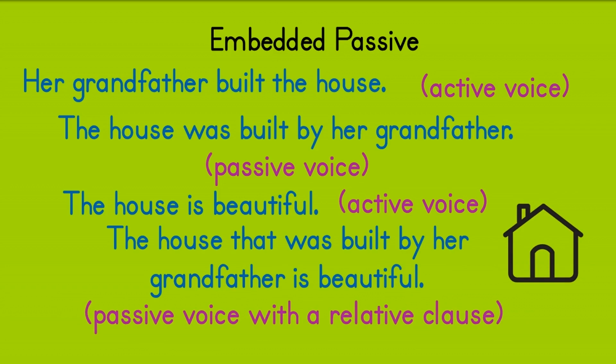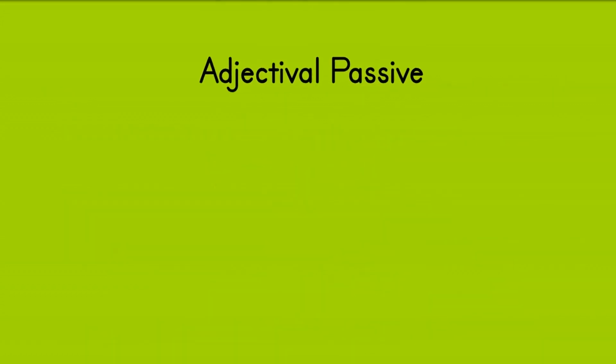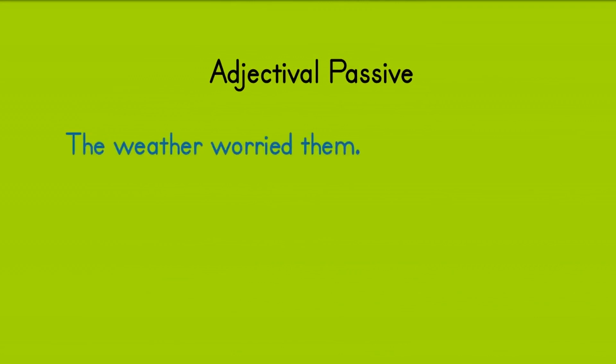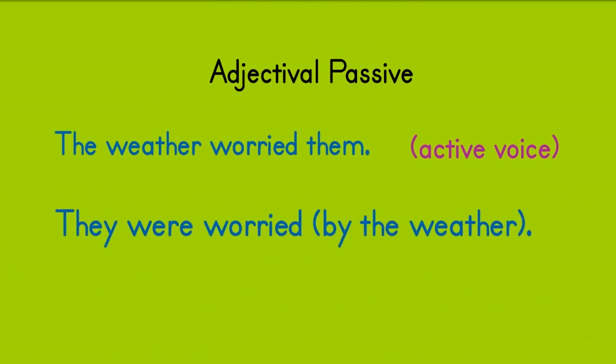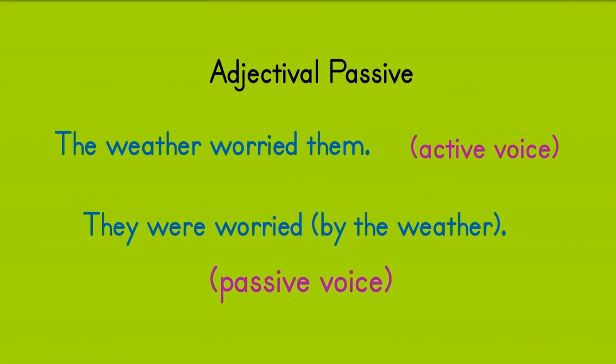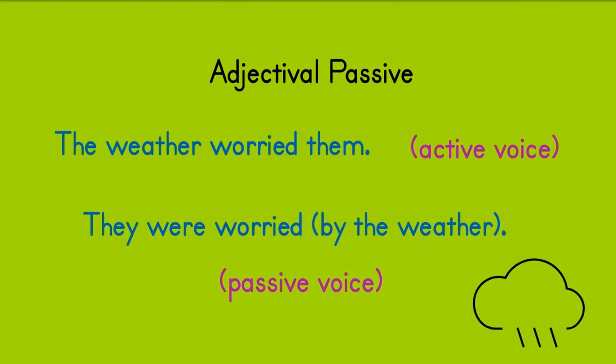In the example, "The house that was built by her grandfather is beautiful," the embedded relative clause, "that was built by her grandfather," is in the passive voice, and it functions as an adjective to describe the subject, the house. The passive voice uses an auxiliary to be verb and a past participle, and some linguists argue that this past participle functions more than a verb, that is, it functions as an adjective as well in certain sentences.